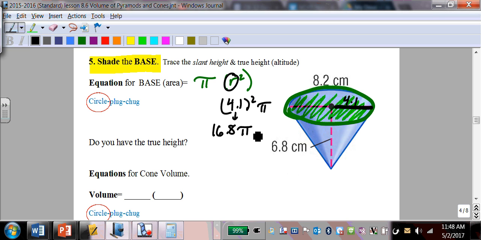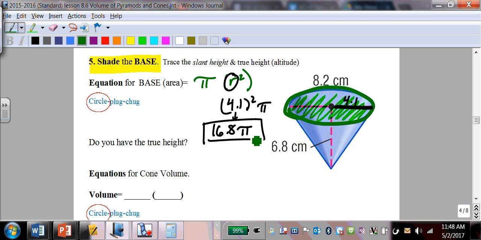Guys, can you just, on your calculators, write 4.1 times 4.1 equals? What do you get? You got 16.8. Okay, guys, box that.